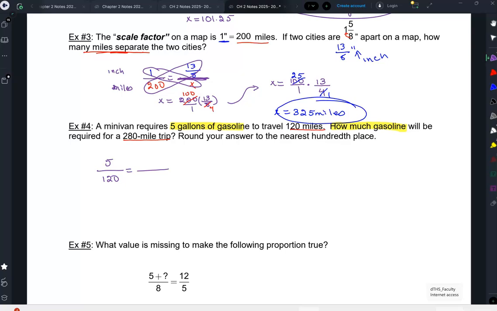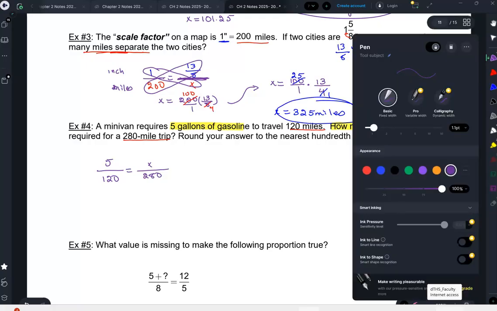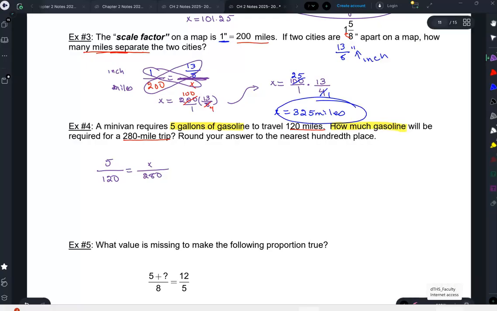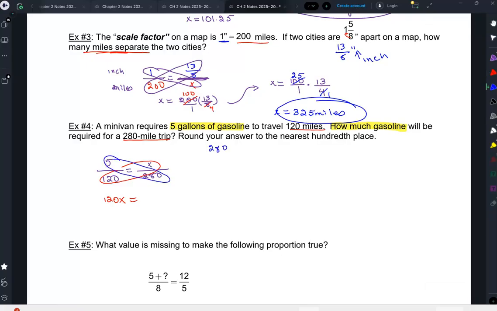That's one scenario. Here I have how much gasoline. So what do I put on top instead? X over 280 miles. Okay. So now I'm going to multiply this way. 120x is equal to 5 times 280, right?